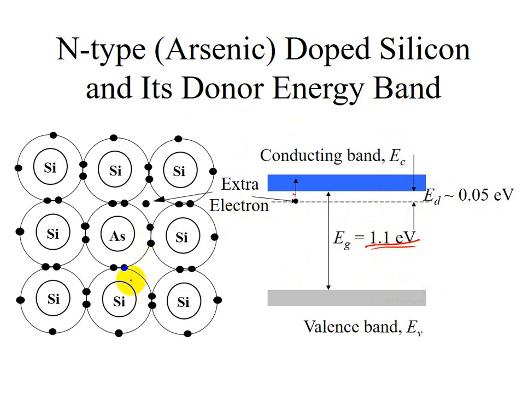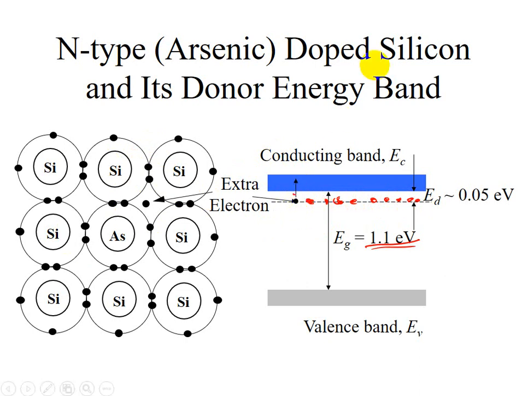If you introduce 10 arsenic atoms into the silicon, then you are creating 10 atoms at the donor level.